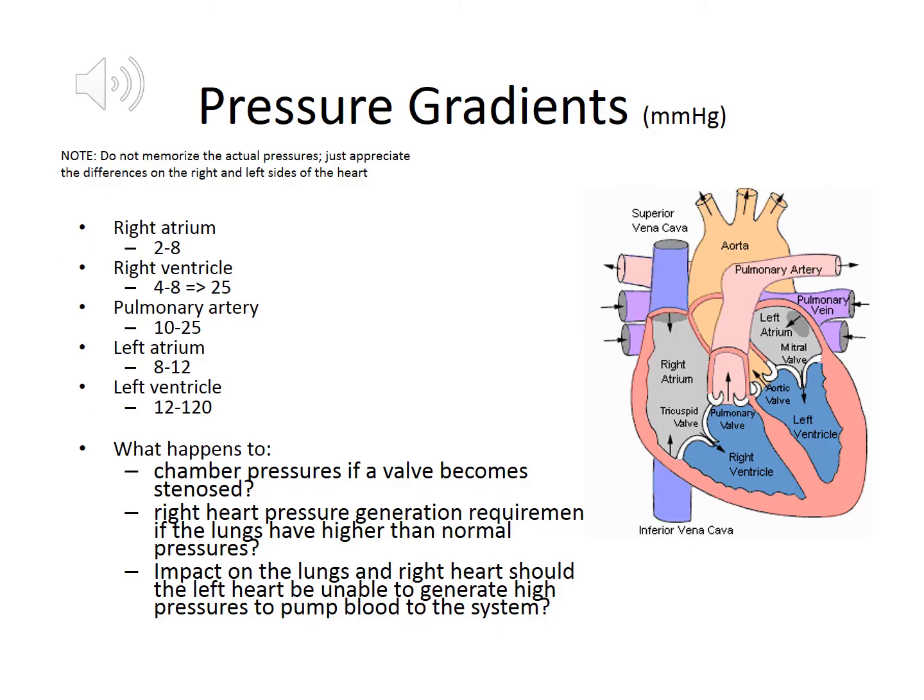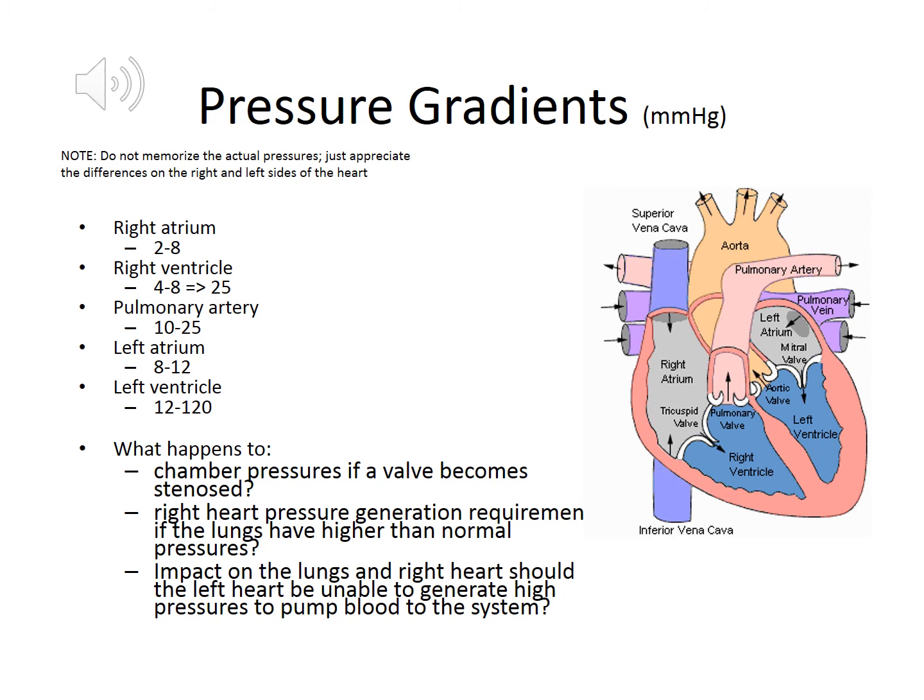So let's think about some conditions in which the right and left heart might be challenged to work, given the fact that the right heart is intended to function under low pressure and the left side of the heart is intended to function under high pressure.